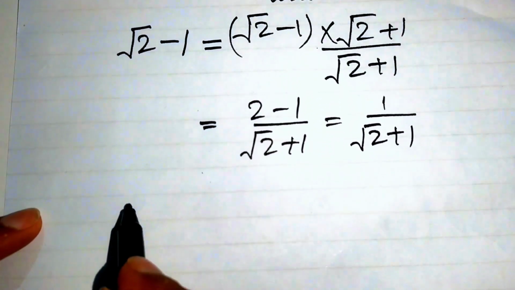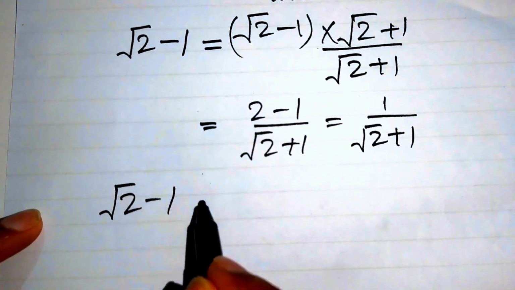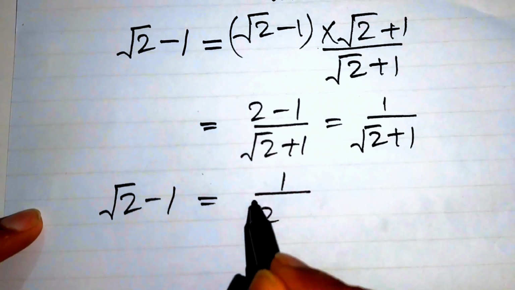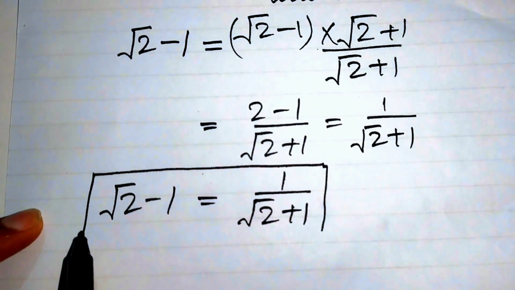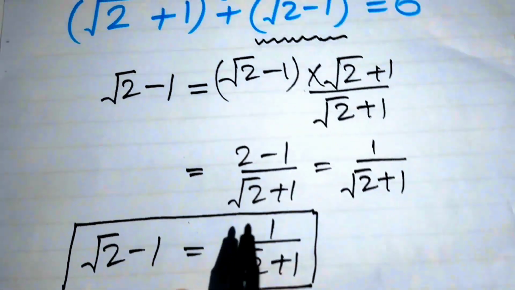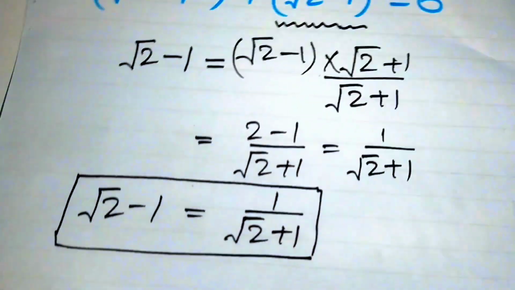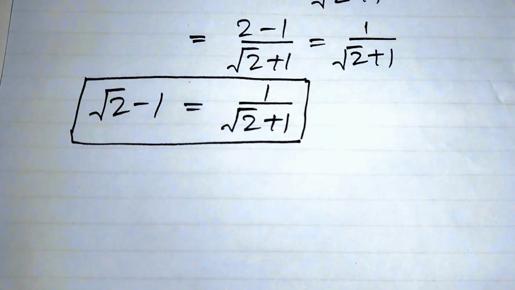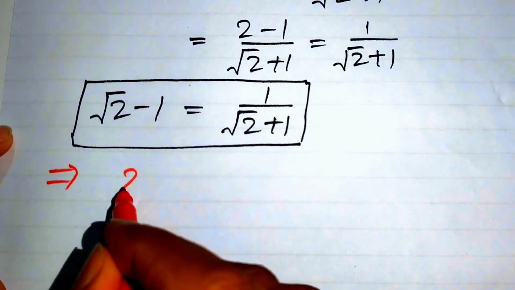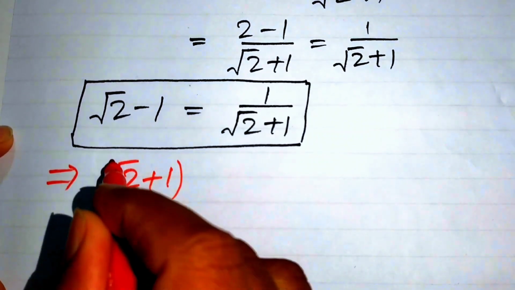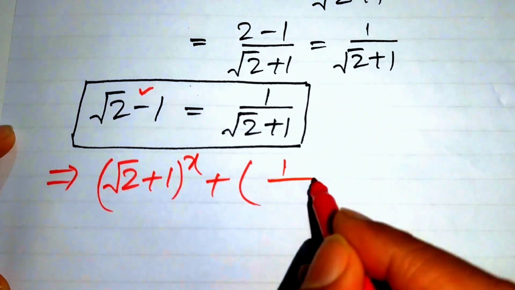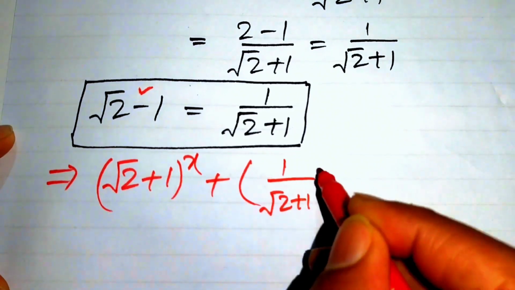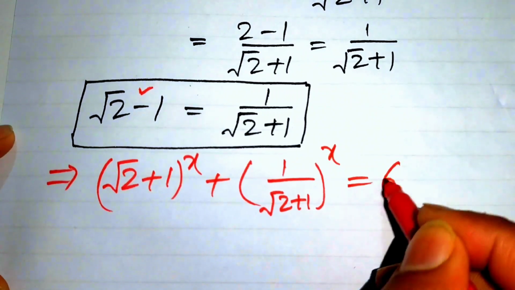So it means that square root of 2 minus 1 equals 1 over square root of 2 plus 1. So now we substitute this value of square root of 2 minus 1 in the given equation, so that our given equation becomes (square root of 2 plus 1) to the power x, plus we put the value of this expression, 1 over (square root of 2 plus 1), to the power x equals 6.